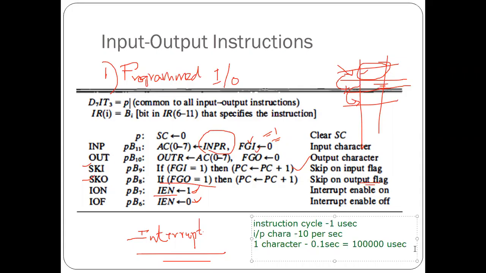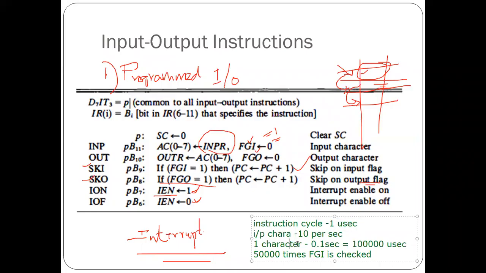Because my loop consists of two instructions, taking 2 microseconds, the flag bit is checked about 50,000 times.